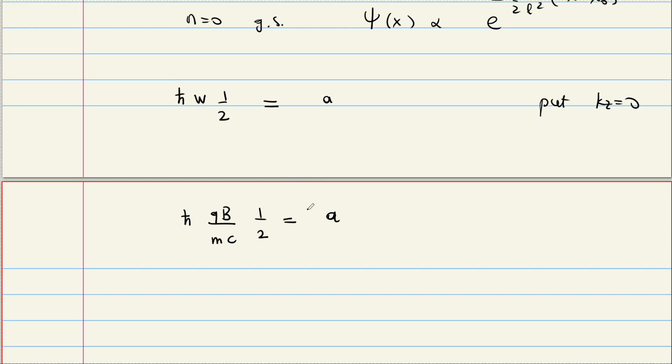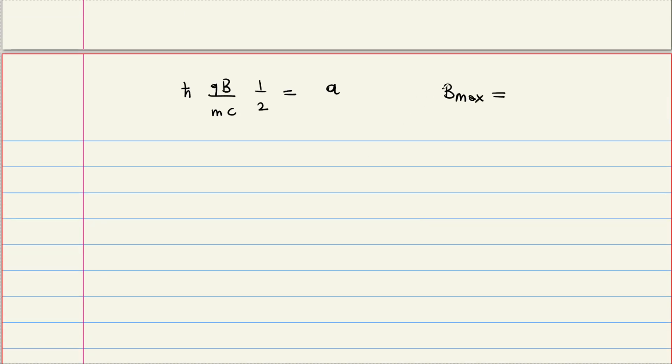But what we want to find is what this equation gives us for the magnetic field. This is the maximum possible magnetic field. Let me define it as B max. Actually, let me define it a little bit more carefully.